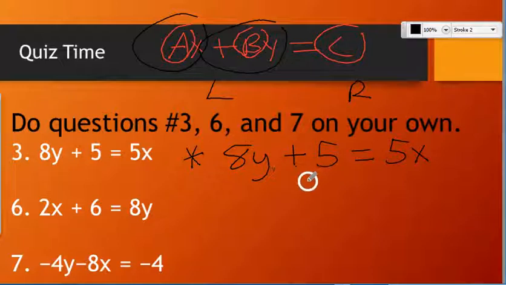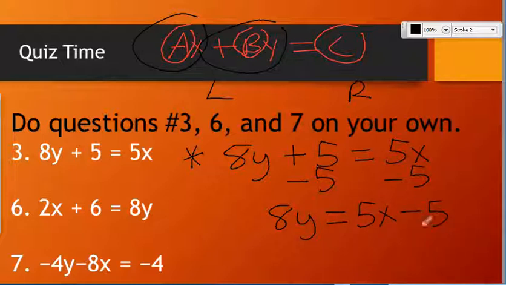And remember, our constant term needs to be on the right. So if we want to move the plus 5 to the other side, the way that we're going to do that is by subtracting 5 from the left side, and then we also have to subtract 5 from the right side. So now we're going to have 8 times y equals 5 times x minus 5. And we're not done yet, because in order to be in standard form, we have to have the x term and the y term on the left side of our equation.